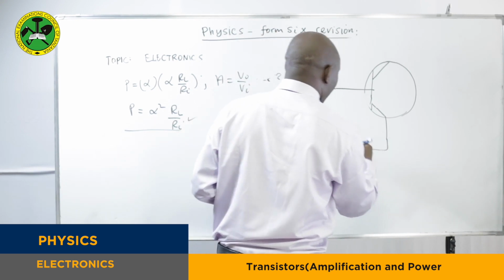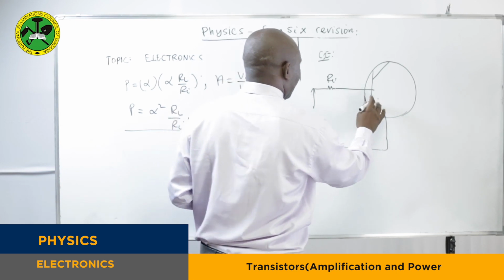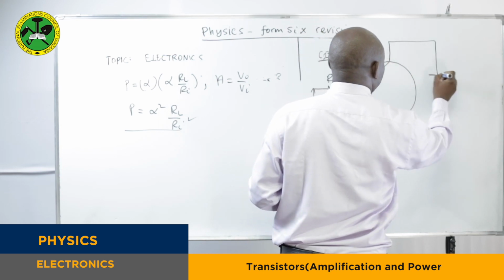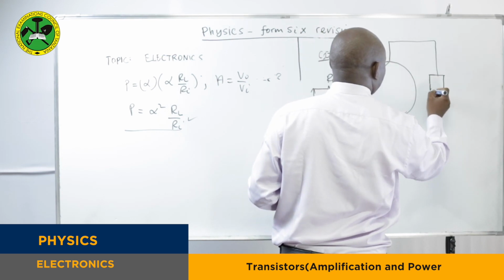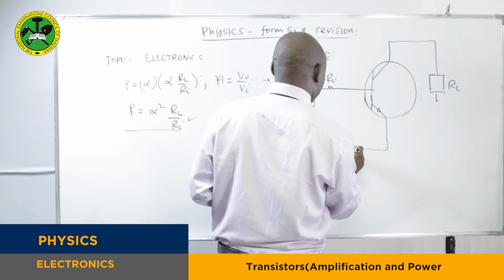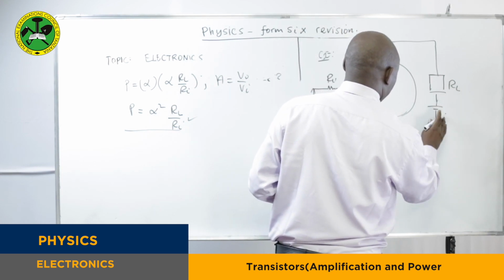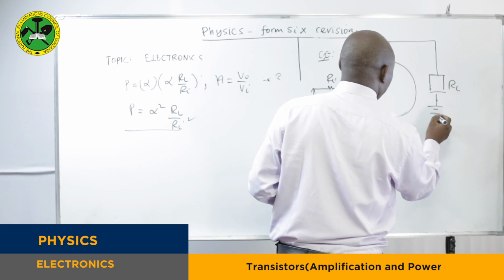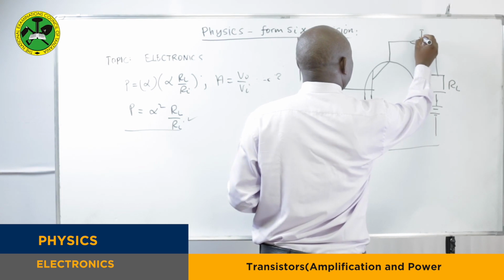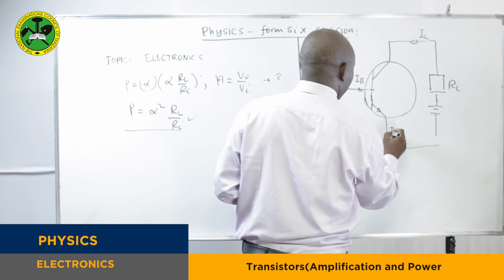And then of course, under normal application of the bias voltage, this is our load resistance here applied, and this is positive voltage. So this is our IC, this is our IB, this is our IE.